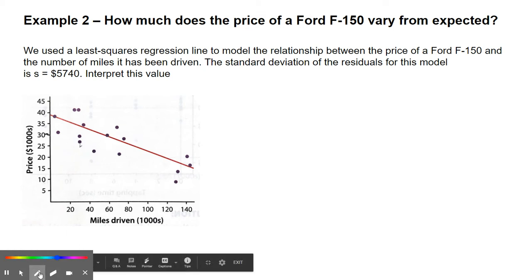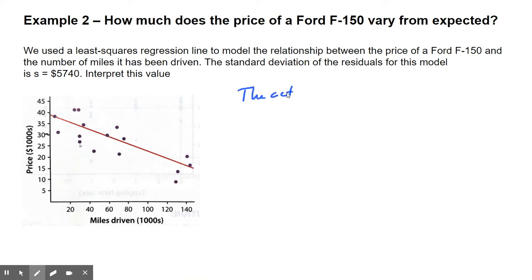All right, so we're going to say the actual price of a Ford F-150. So this is me describing the actual response variable. Typically varies. Again, there's your standard deviation word.